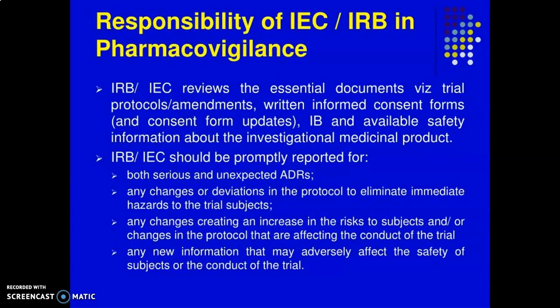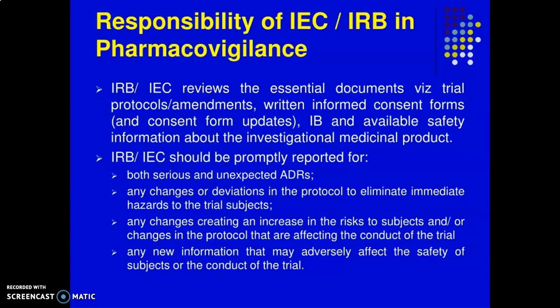Then coming to the responsibility of the IEC or IRB, as I told, they will do periodic updates, and these are the people who give permission for the conduct of the ethical work. So only after getting clearance can the research work be started. This IRB or IEC should promptly report both serious and unexpected ADRs. Whatever they get, that should be reported.